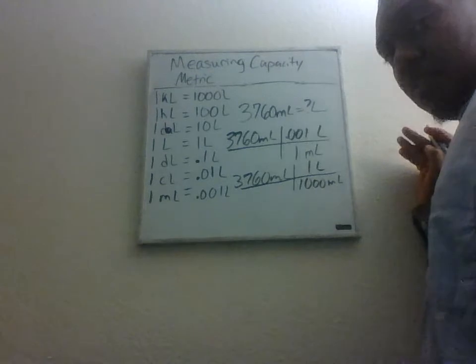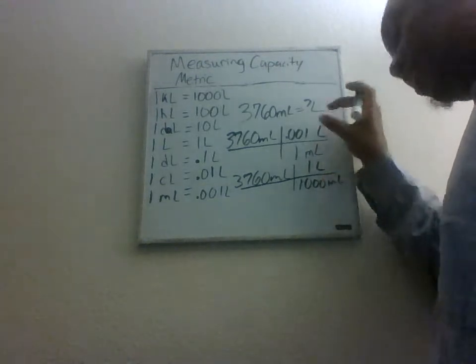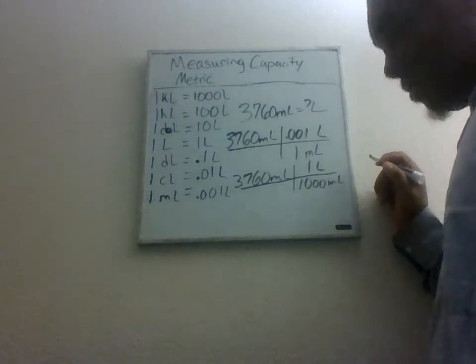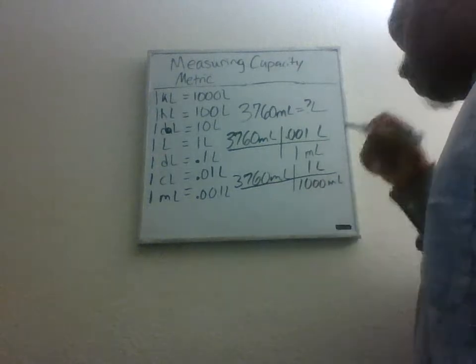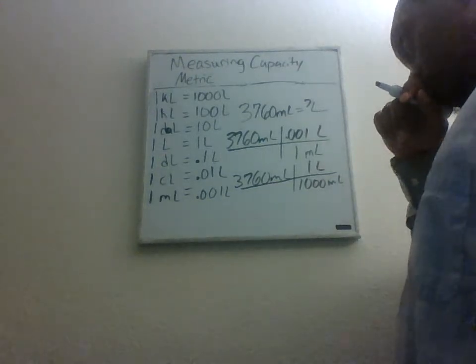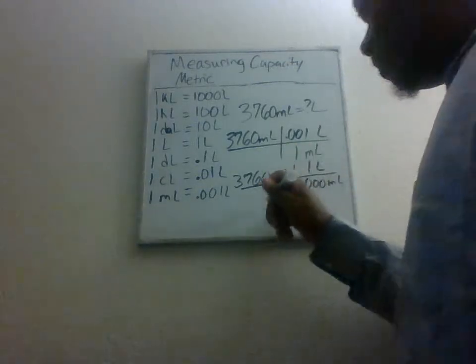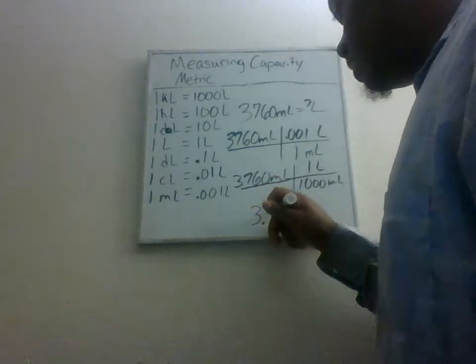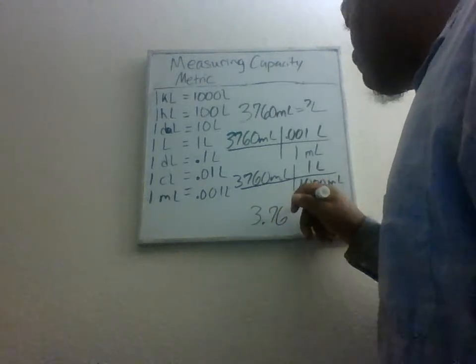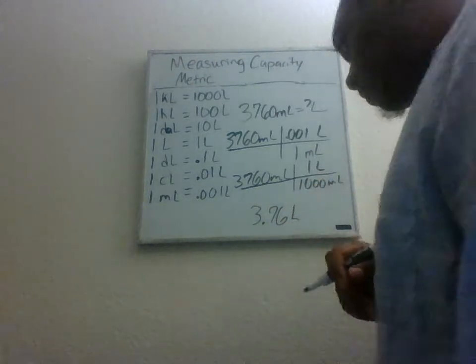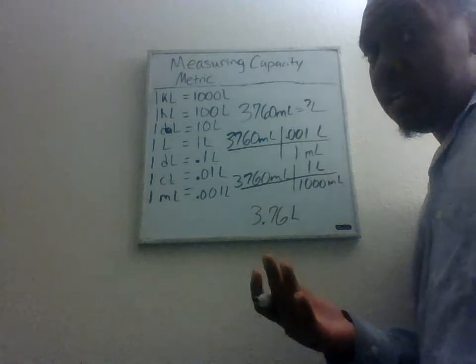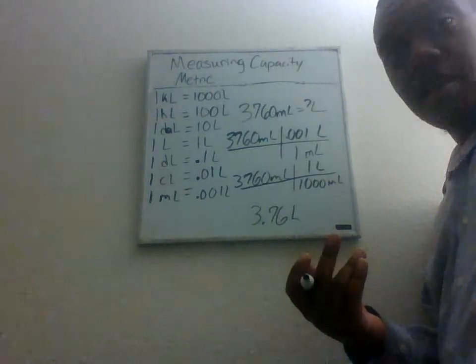It's going to be the same either way, as long as you have the correct conversion factor. Doesn't matter which one you use. Okay, so if we do that, we'll end up with 3.76 liters, which is pretty dang close to a gallon.